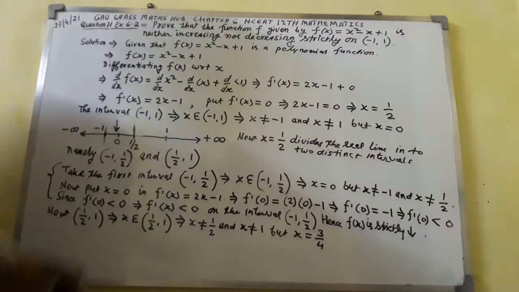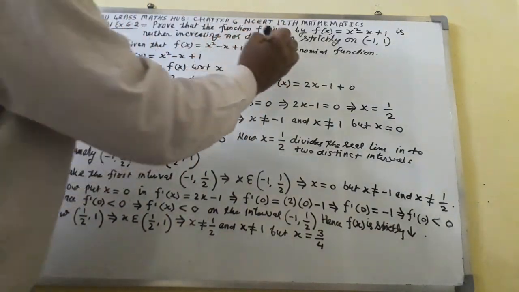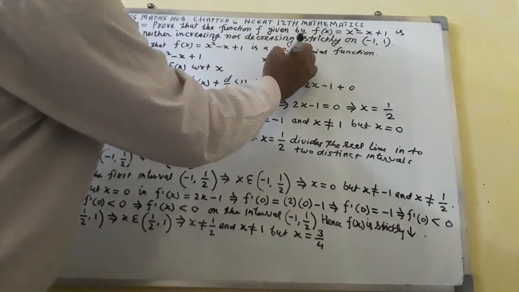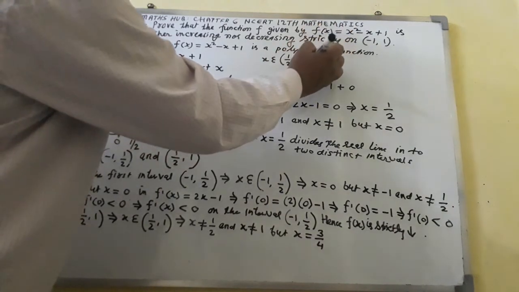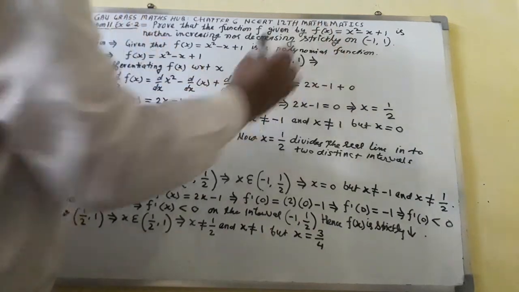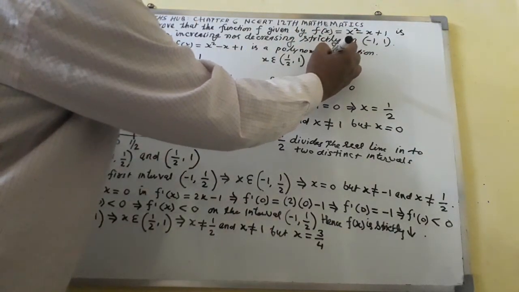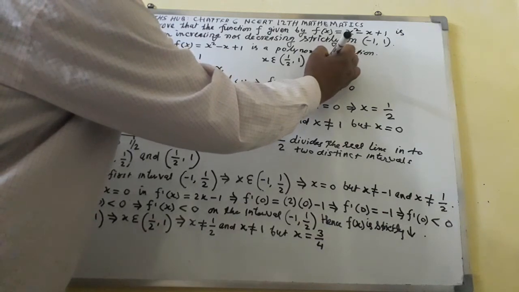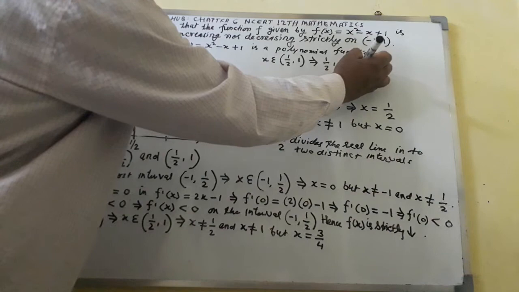Now locate this one. Here, x belongs to the open interval 1 over 2 comma 1.